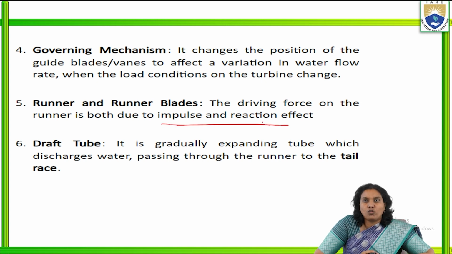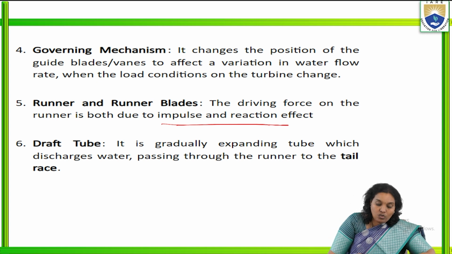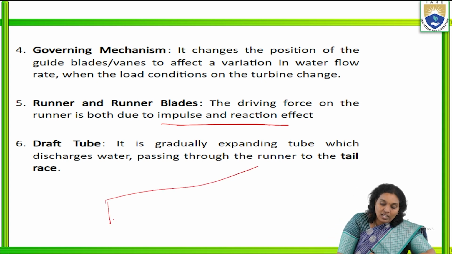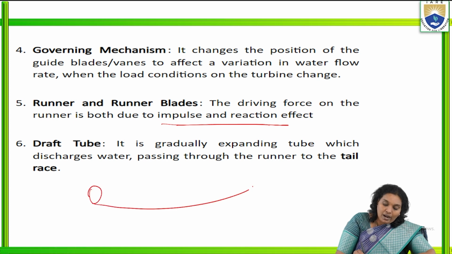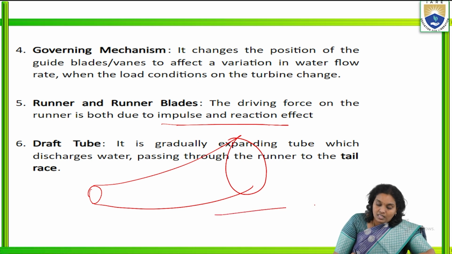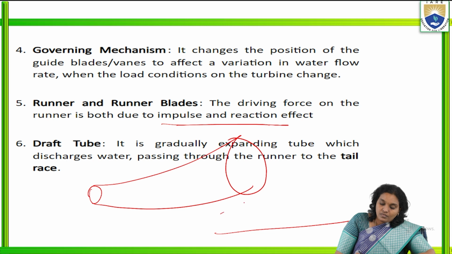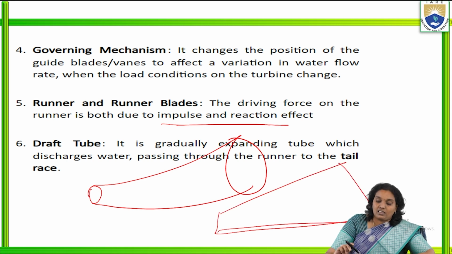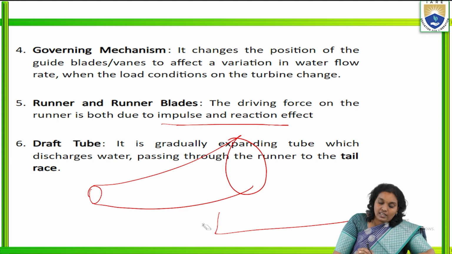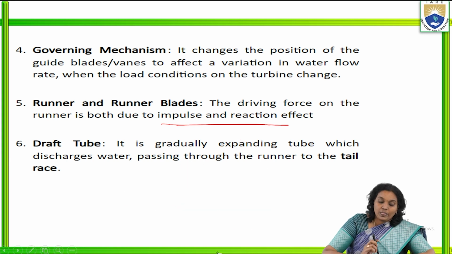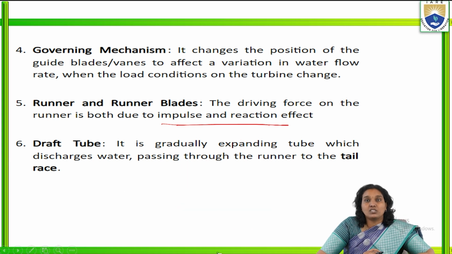Coming to the draft tube, it is a gradually expanding tube like this, which discharges the water passing through the runner to the tail race.